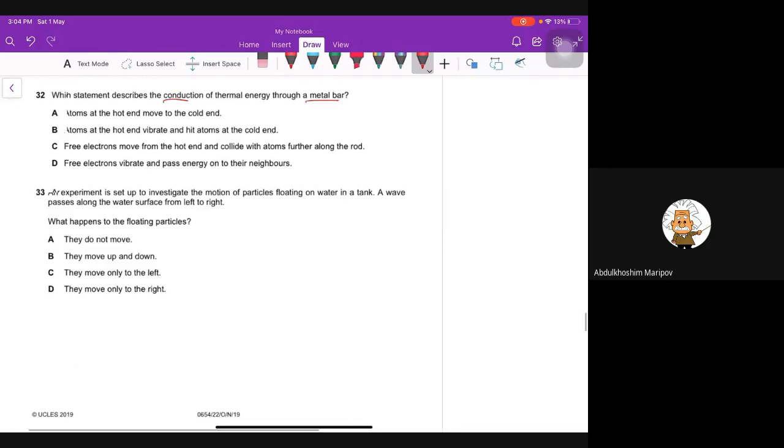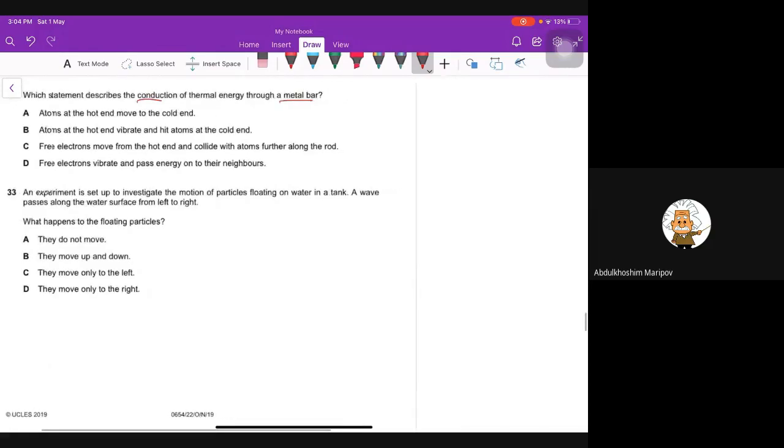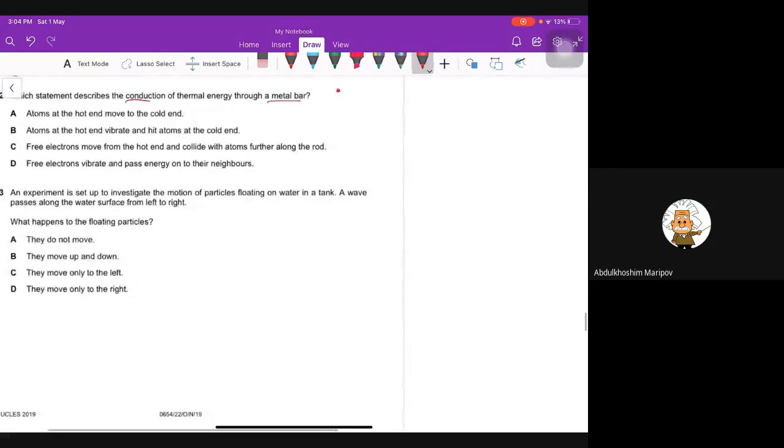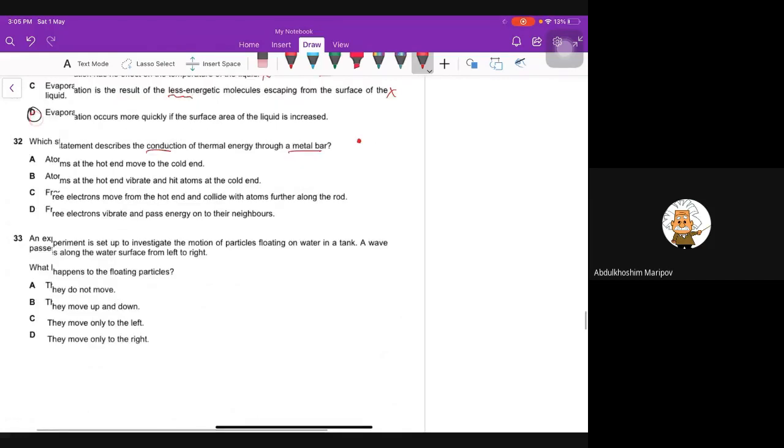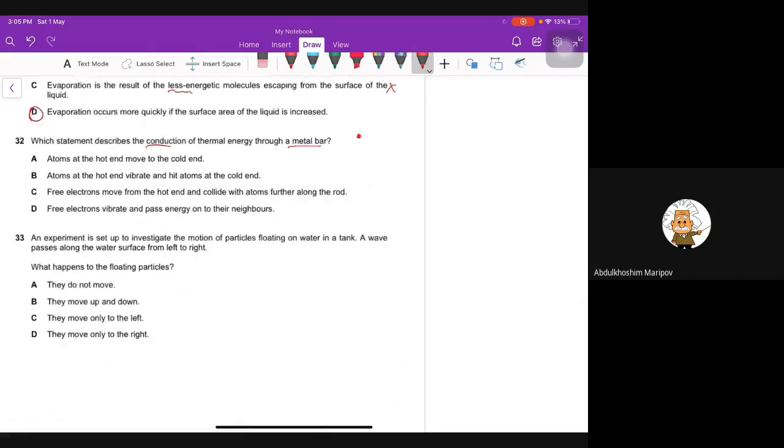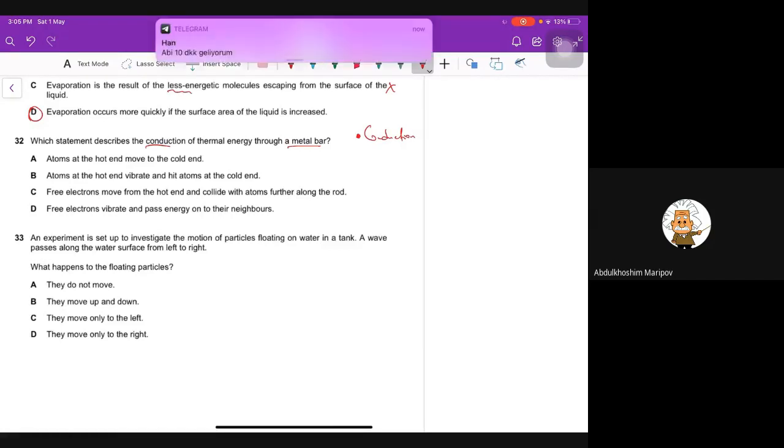Let me go briefly over conduction. There are three types of energy or heat transfer: conduction, convection, and radiation. First is conduction, by means of metals. Solid objects usually conduct heat by the conduction method.